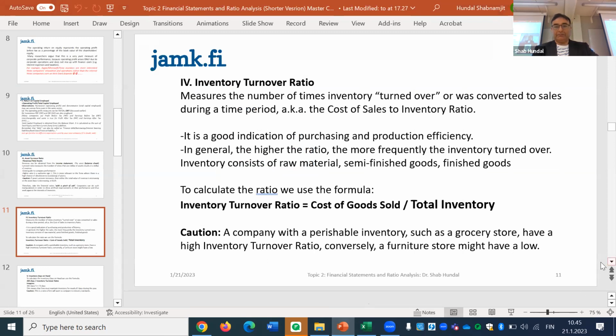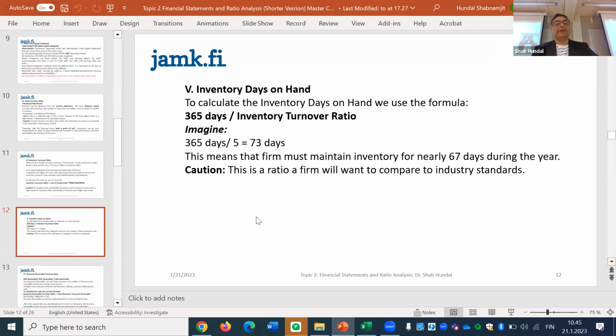And then, a very interesting ratio is called inventory days in hand. Means, if you are a company based on factory production and you need raw material every day, is it a wise idea to buy the raw material every morning, bring it to the factory, process it, and next day buy it again?